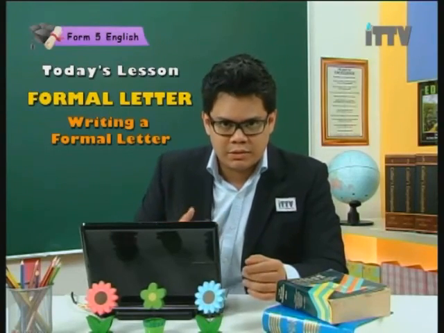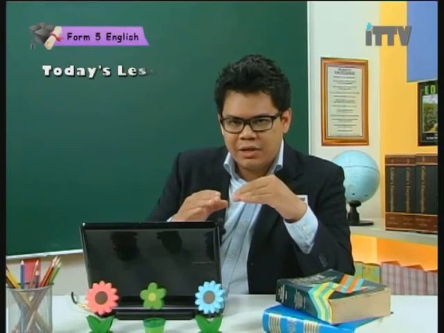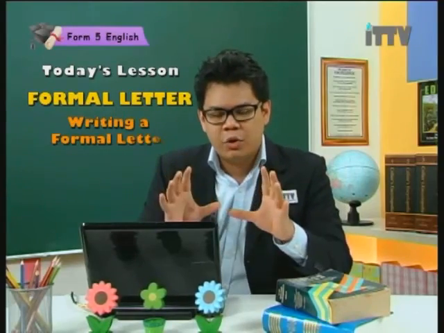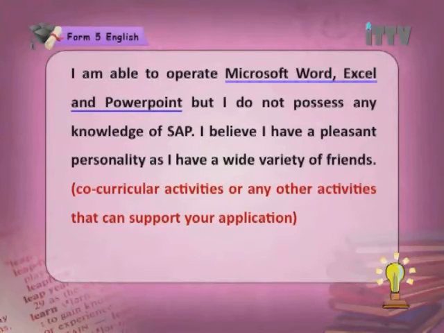So let's move on. Fifth paragraph, proficient in English, Bahasa Malaysia, and several Chinese dialects. So now he moves into the languages. And after the languages, he then talks about other requirements like being able to use a computer well. So he then talks about Microsoft Word, Excel, and PowerPoint.